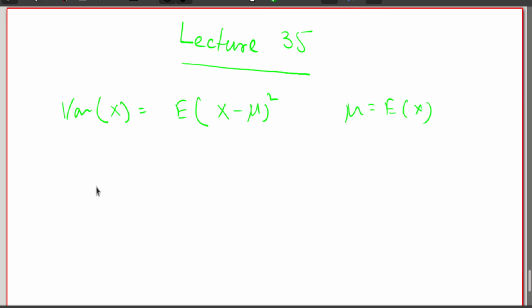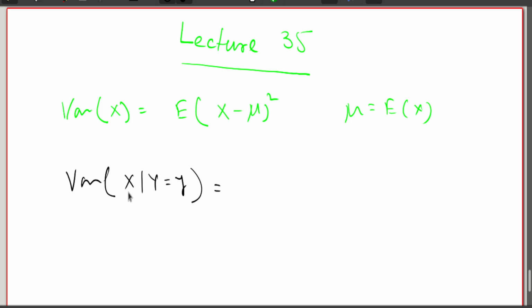Now if I talk about the conditional variance, as I said, it is nothing but the variance with respect to the conditional distribution. That means this is expectation of X minus the mean. What mean will be there?